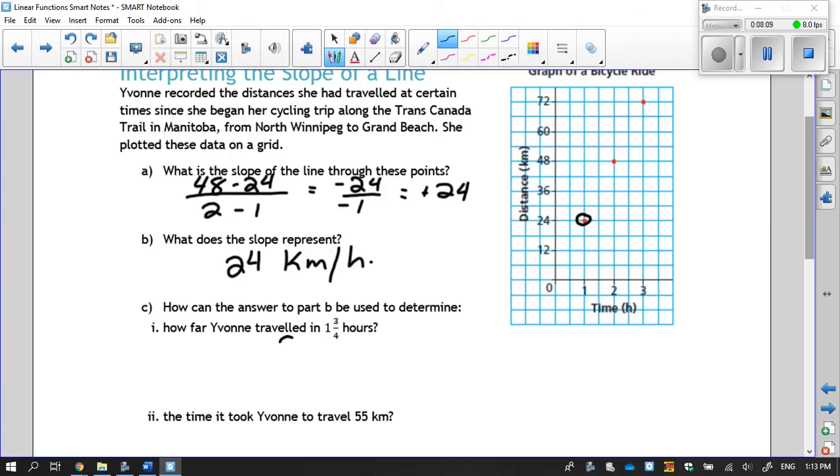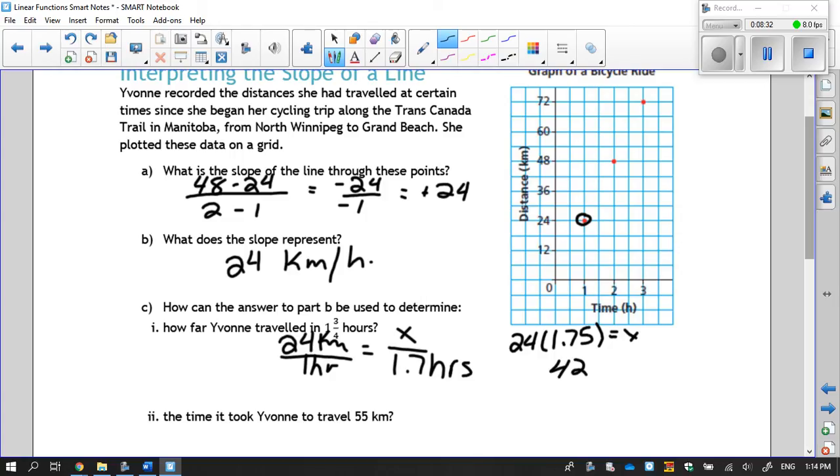How can the answer in part B be used to determine how far Yvonne traveled in 1 3/4 hours? Well, this we can use our proportional rates. So this is 24 kilometers, this is 1 hour. This is equal to unknown kilometers in 1.75 hours. We cross multiply and we get 24 multiplied by 1.75 is equal to x, which gives us 42 for x.